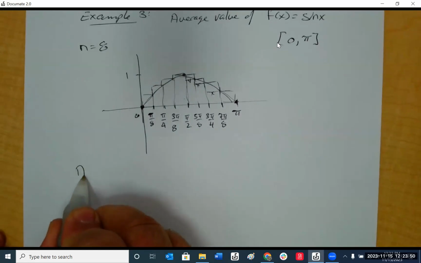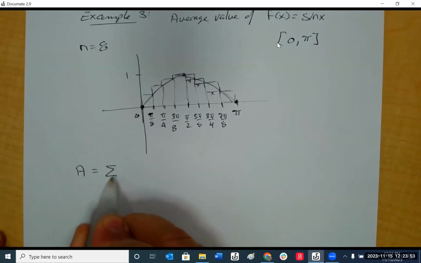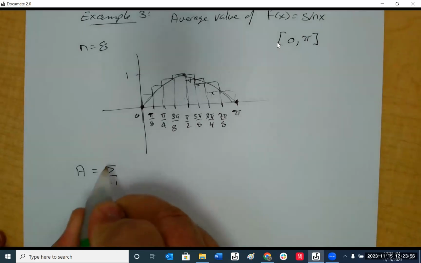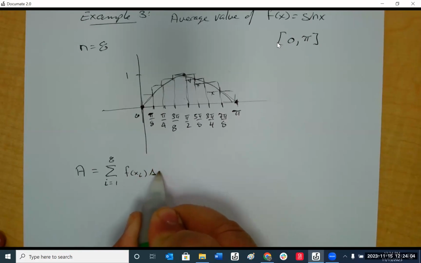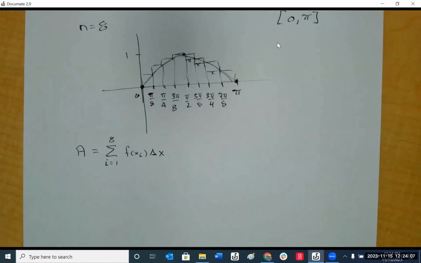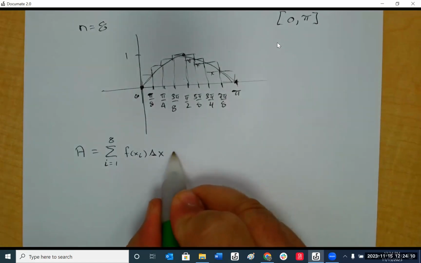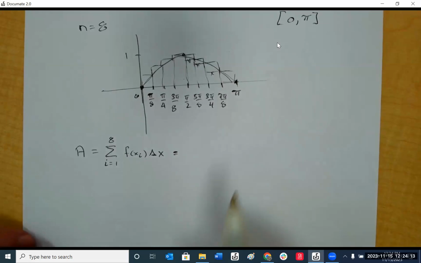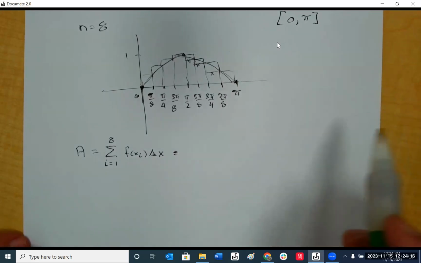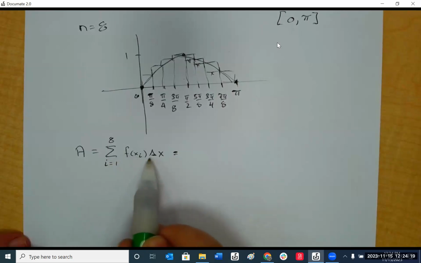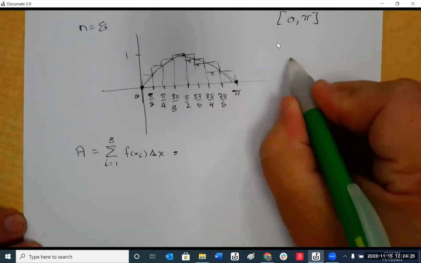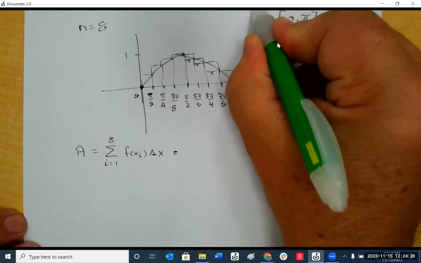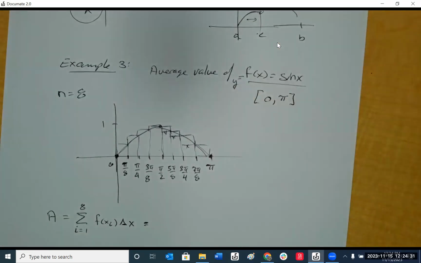So how do we find the area? The summation, since we did 8, so we have the function times delta x. So, what's that? This is y times the delta x, the width size, because our function is actually y. F of x is actually y.